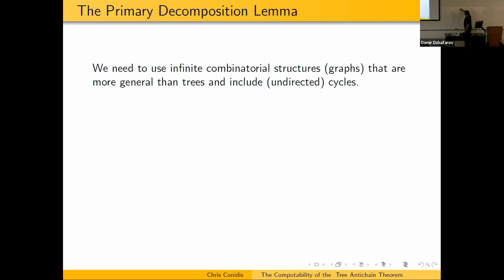So you might have A, B, and then some other minimal prime here. In general, when you consider the general primary decomposition lemma and try to model it combinatorially this way, you need to consider graphs that have cycles in them.